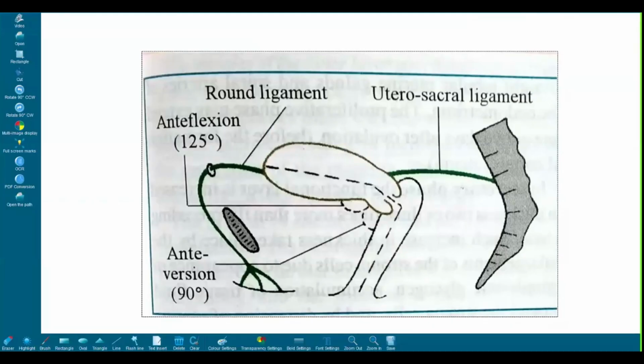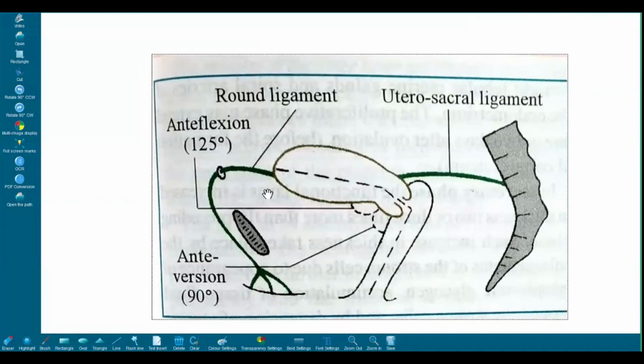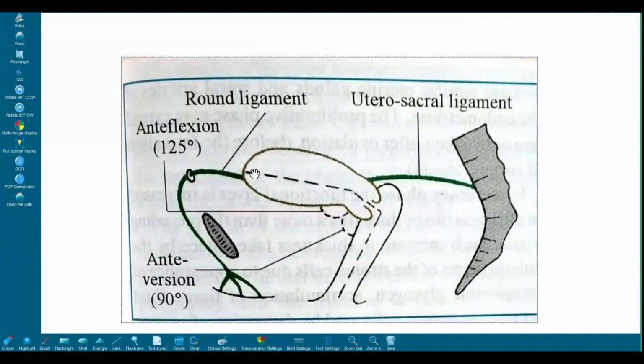The angle of flexion जो होता है, that in this diagram you can see, this is the axis. ये वाला जो एक्सिस ऑफ यूट्रस हुआ, it makes an angle with the axis of the cervix, this angle. पूरा का पूरा लाइन ही मूव करा, ओके this angle. Okay, so the axis of the uterine body and the axis of the cervix, that also makes an angle that is known as angle of flexion, and that corresponds to 120 degree.